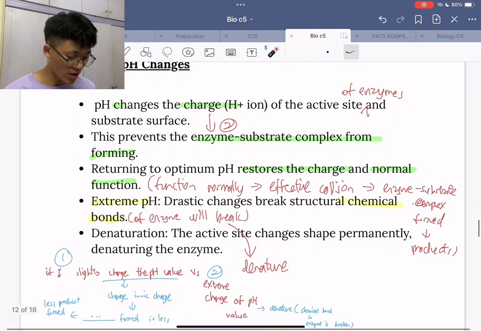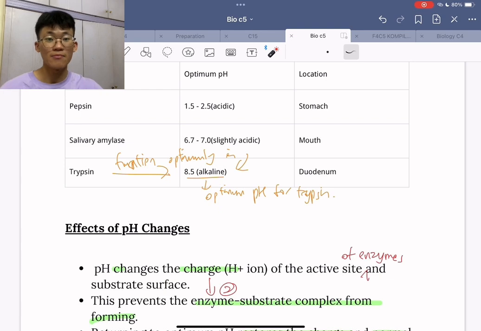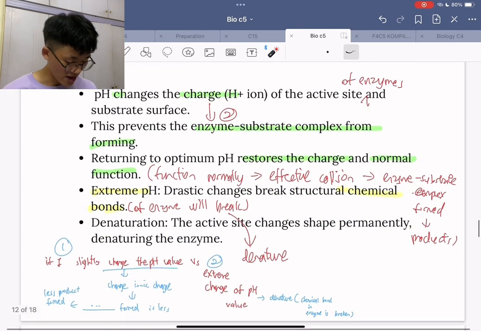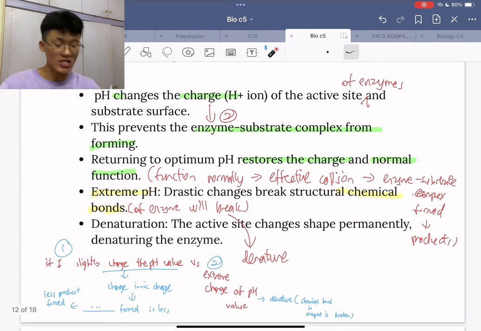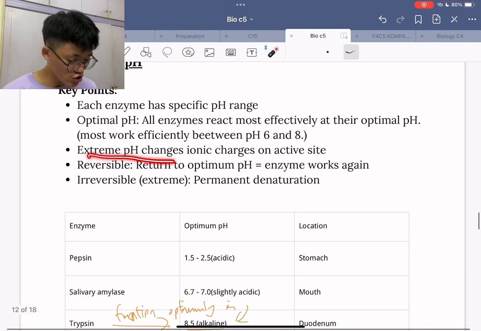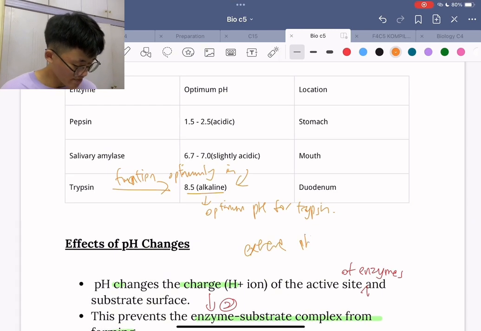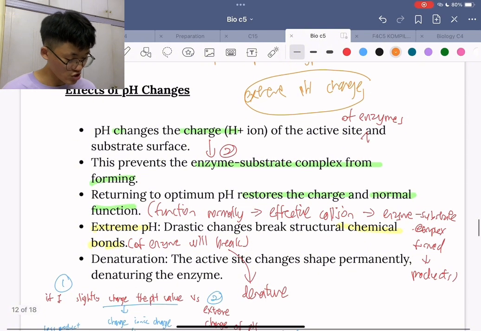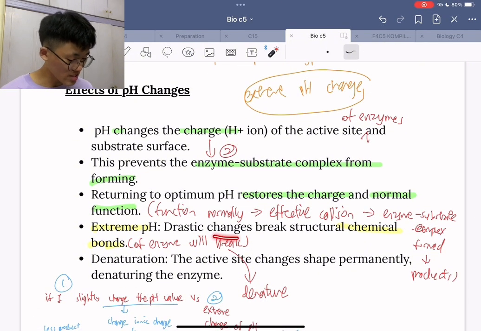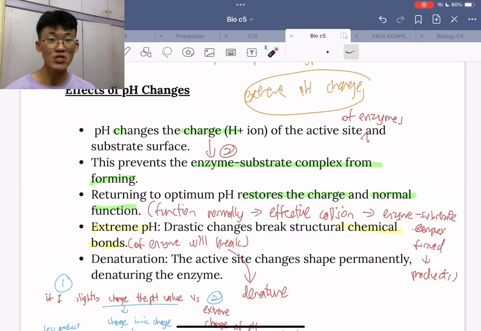products. But what happens if I put the trypsin from alkaline back into acidic, which is an extreme pH change? Extreme pH changes will cause the chemical bonds to break, and we say that it is denatured.